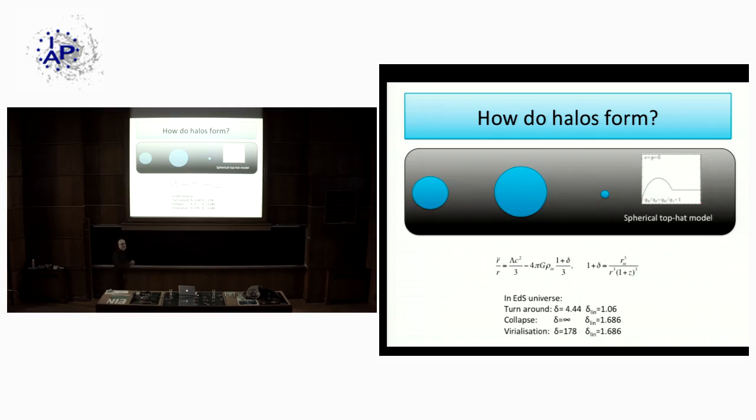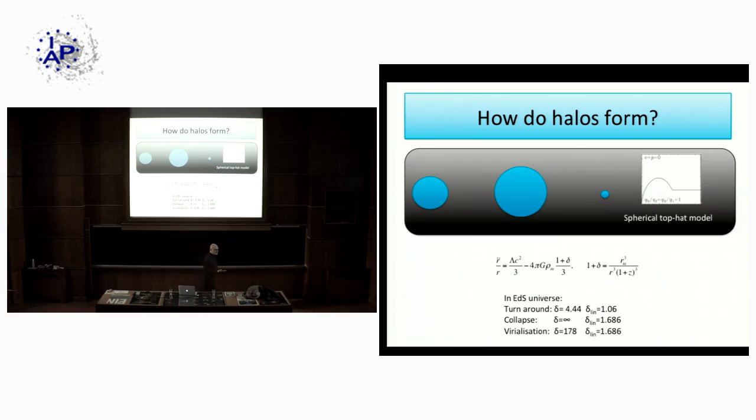Then you expect that the spherical symmetry will be broken, because nothing is really spherical in nature, so you will develop some random motion inside, which will stabilize the structure at a given size. What is usually done is to remap this in terms of the linear density field, the one that follows the linearized fluid equations for growth, and you find that this collapse would happen when the linear overdensity is over unity.